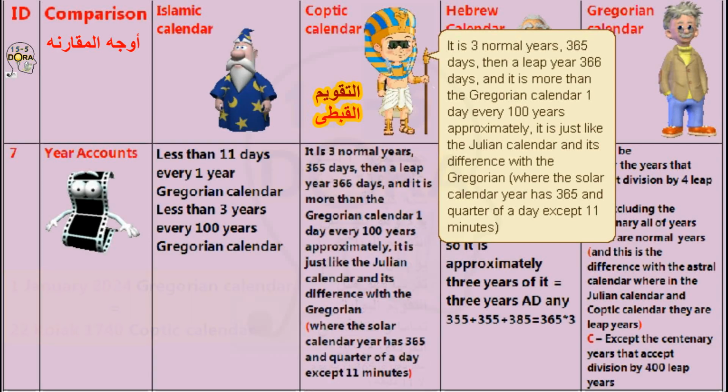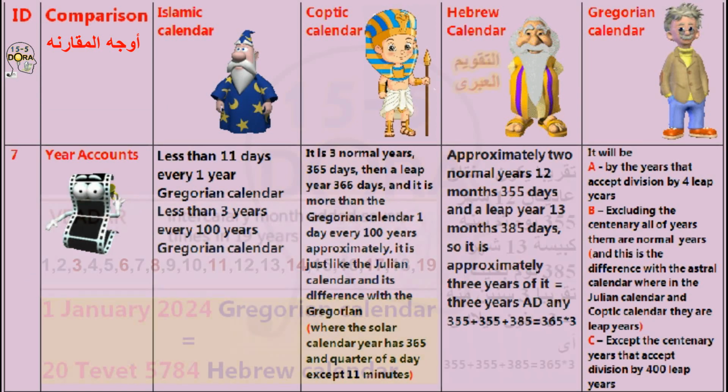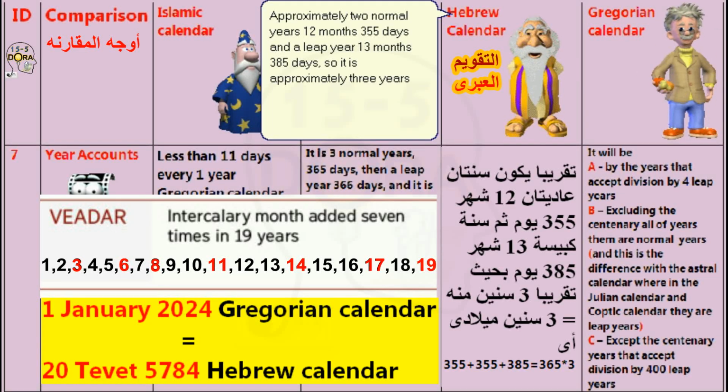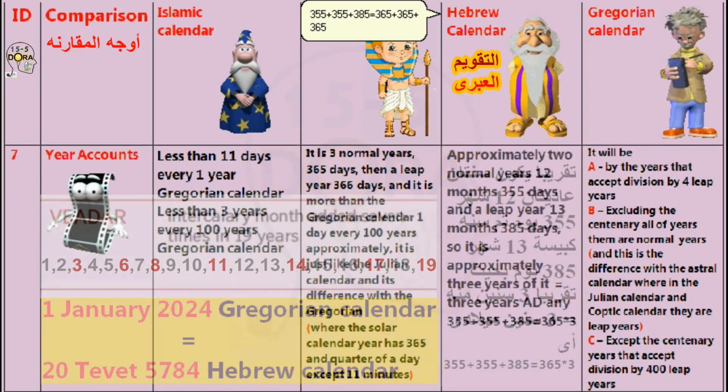Hebrew calendar: approximately 2 normal years of 12 months and 355 days, and a leap year of 13 months and 385 days. So approximately 3 of its years equal 3 Gregorian years, that is 355 plus 355 plus 385 equals 365 plus 365 plus 365.